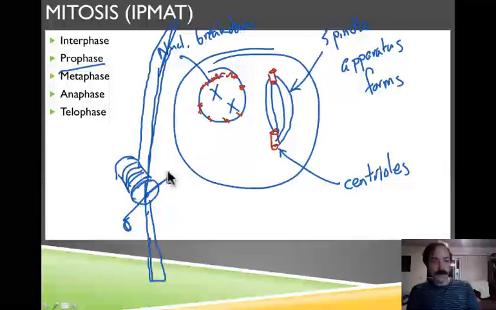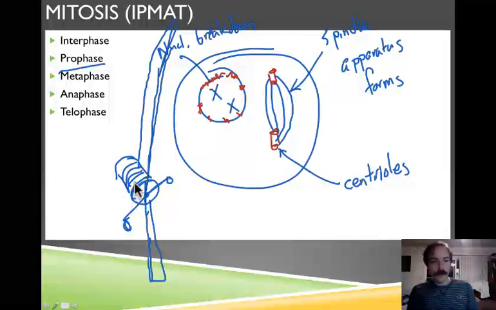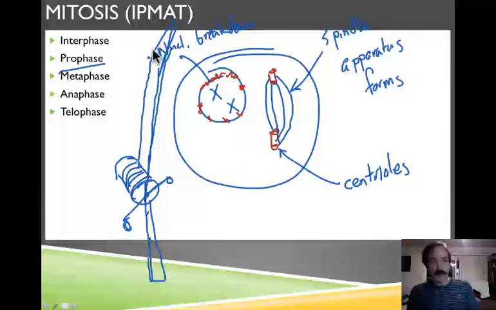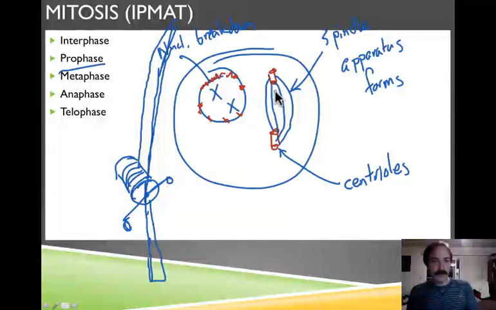So think of this as the centriole, all right? And the centriole can cause these fibers or strands in between the 2 centrioles to tighten or lengthen. Just like how you can spin this to reel in your line, or you can let it out to give it some slack. So the spindle, or the reel, has the ability to manipulate, tighten, or give slack to the fibers in between.